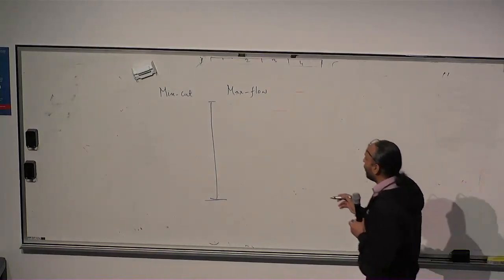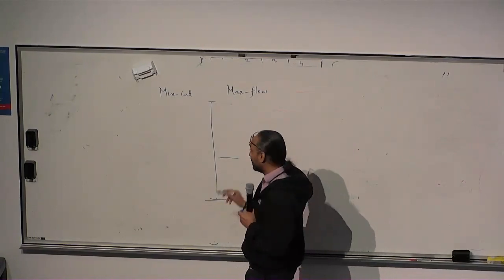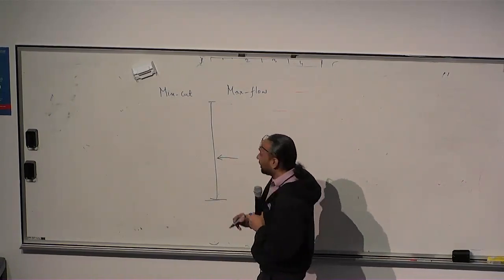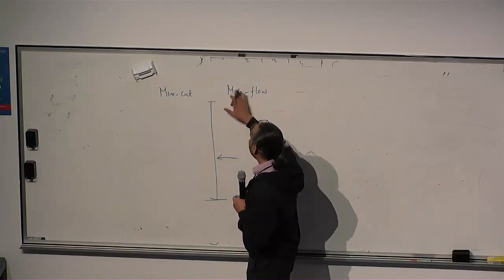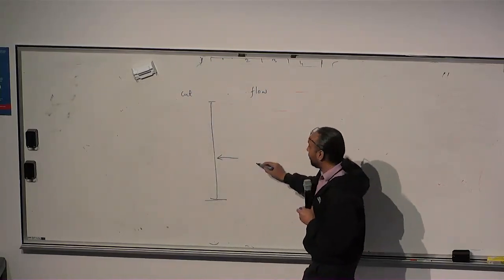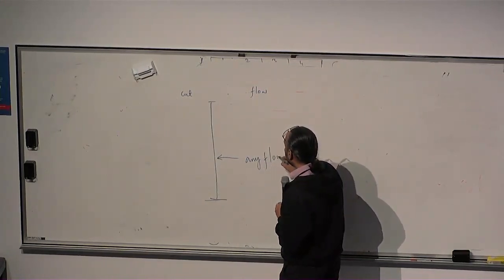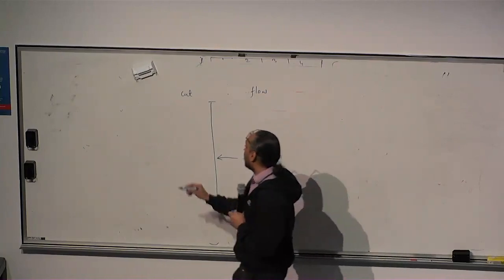So what was the major observation? If you remember the theorem, it says that any flow, okay, let's call this flow and cut for the moment, any flow is a lower bound on any cut.